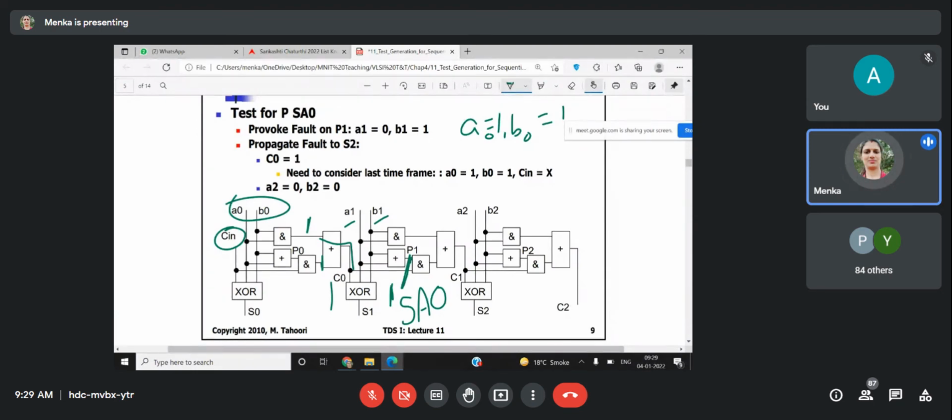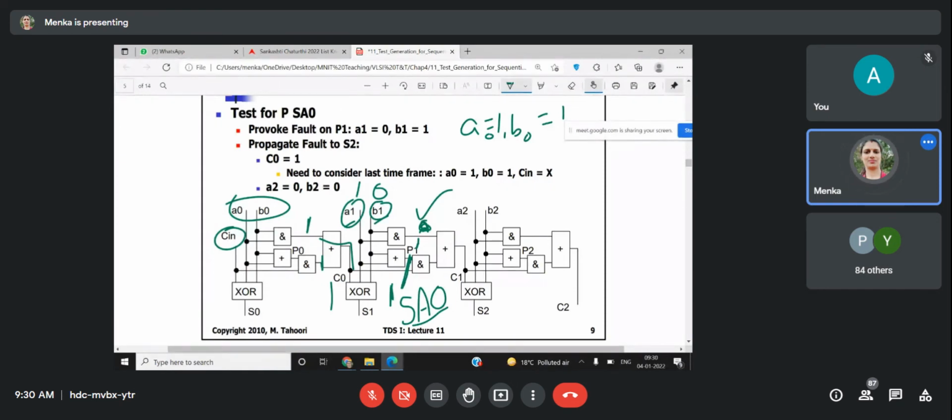C0 we have fixed to 1, so no problem, it is going 1 from this. But here, along with this, we need 0. So one of these is expected to be 1 and another can be 0. So let's make this 1 and this 0. This makes my gate output 0 here, and here 1 plus 0 becomes 1, right?